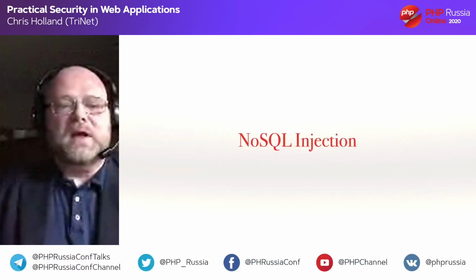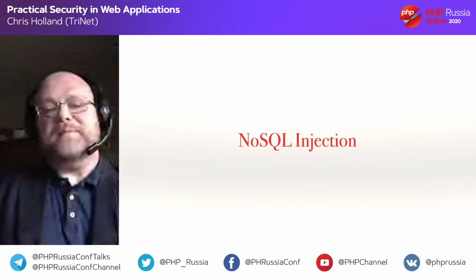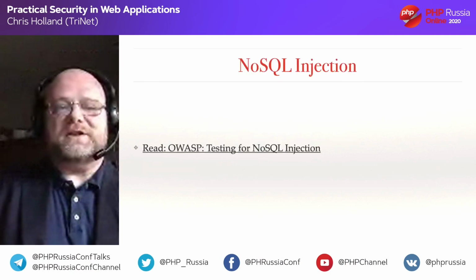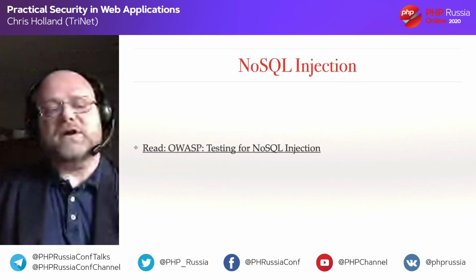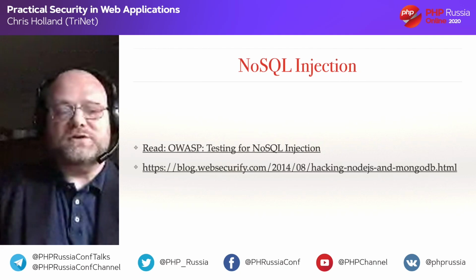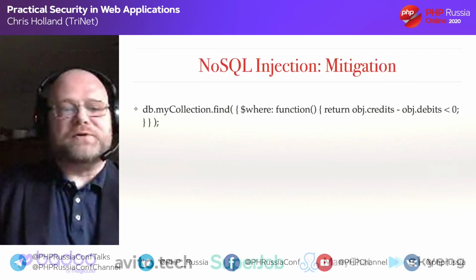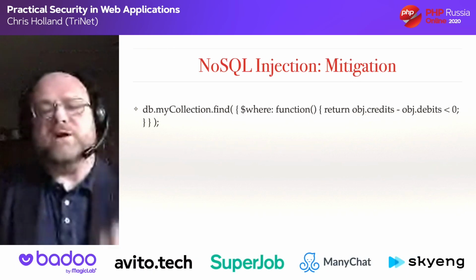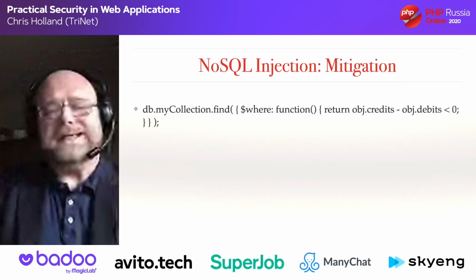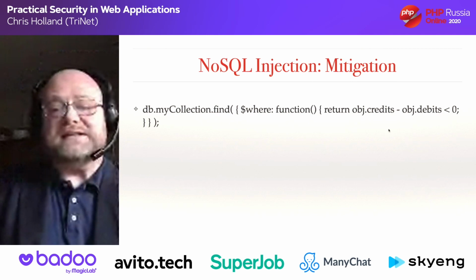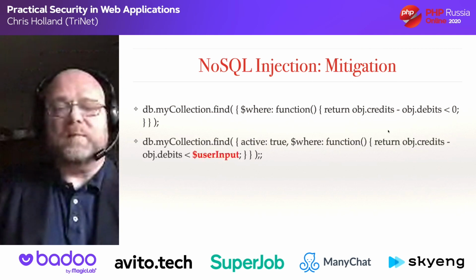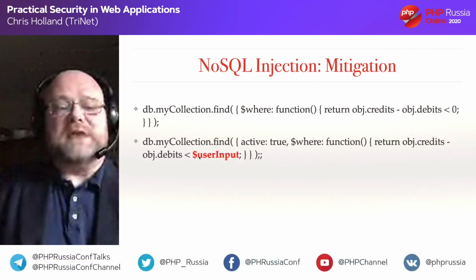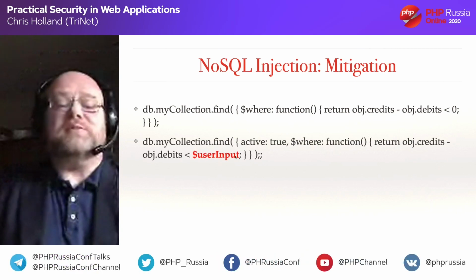That's the basic thing. If you're using NoSQL databases, yes, it is still possible to get injected. I have a link here on how to test for that, so you should check it out. I have some articles. But an example here is querying in Node, where you have a query like this, and instead of this less than 0 on the right, now you just go less than, and then you put user input there.